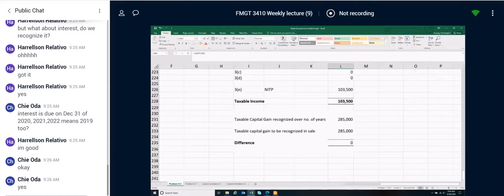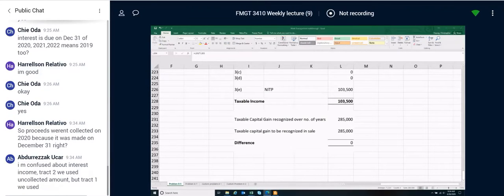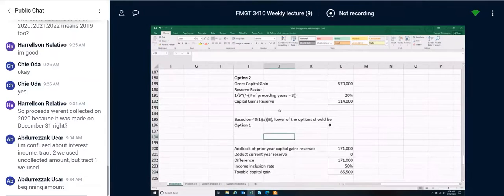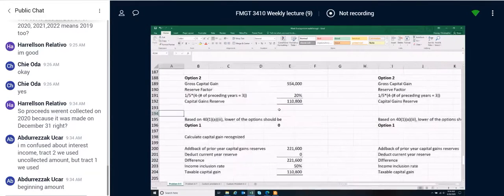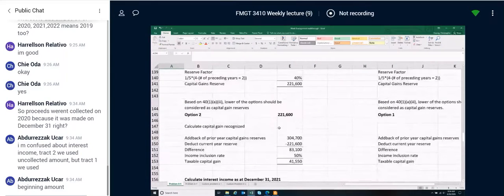Okay. Any questions on track 2? No, track in all cases, we use what's the balance at the beginning of the year. There is no difference between the questions. I'm not really sure why you're thinking otherwise, right?